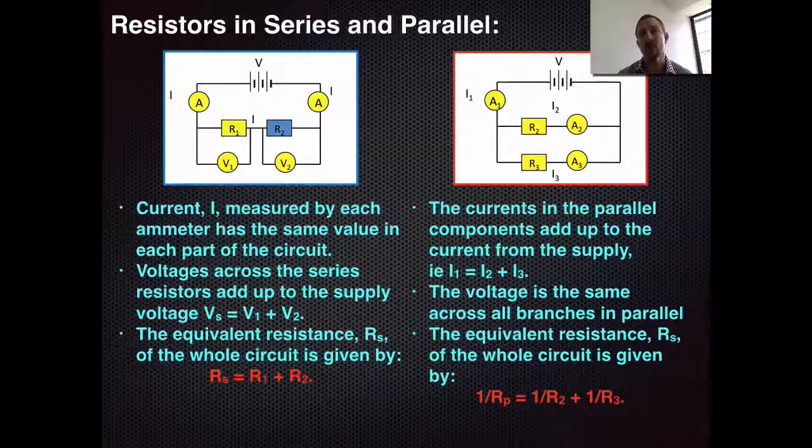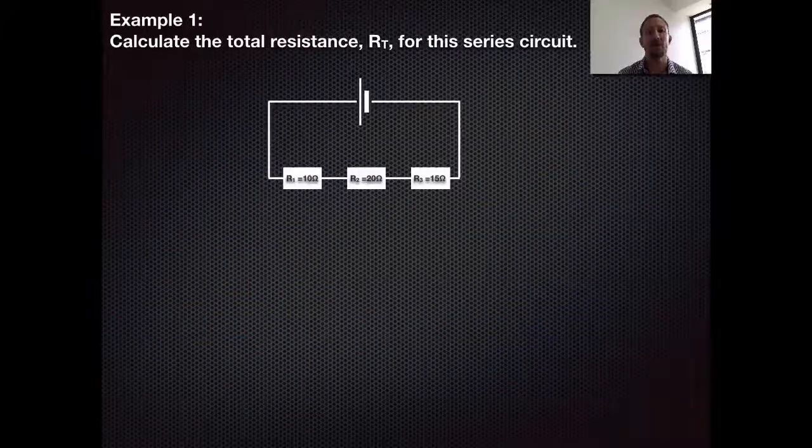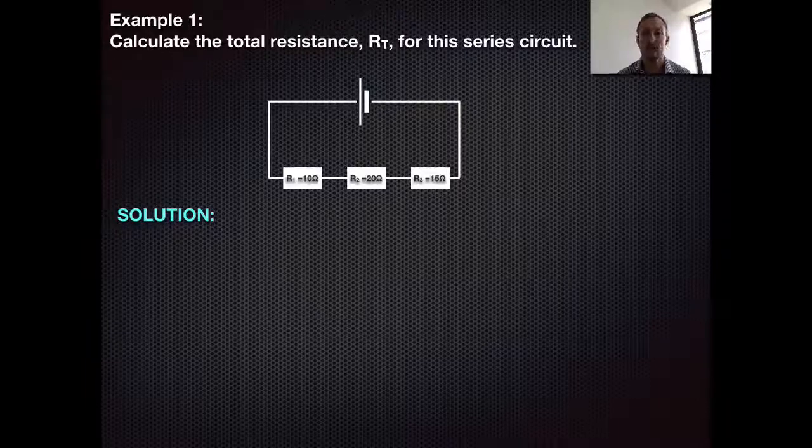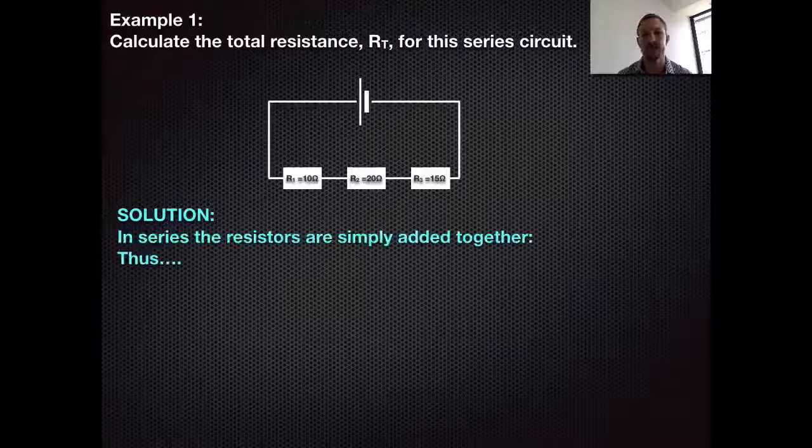Well, the best way to work on this is to actually work through an example. So here I've got example 1, and we're going to work out the total resistance, RT, for a series circuit. I've got a battery, R1, R2, and R3. R1 is 10 ohms, R2 is 20 ohms, and R3 is 15 ohms. To calculate this, we go back to what we learned in the previous slide, that we add our resistors together.